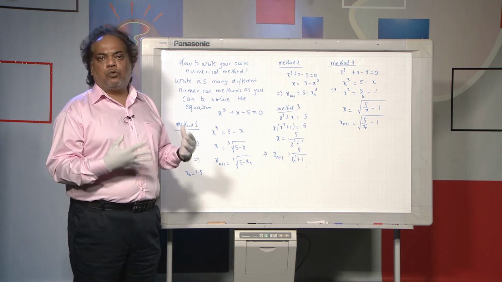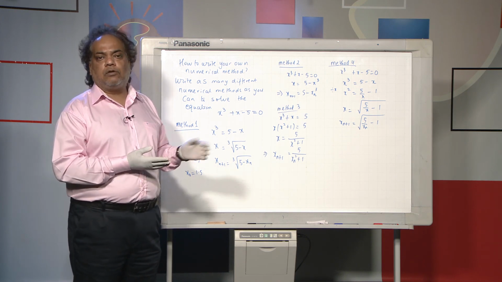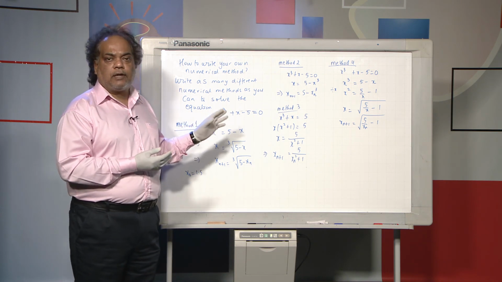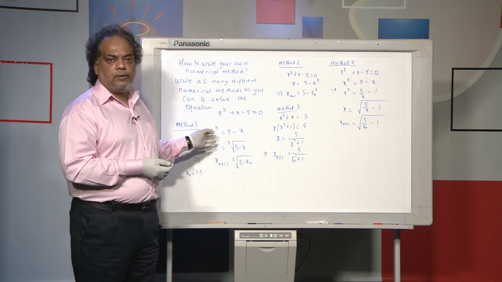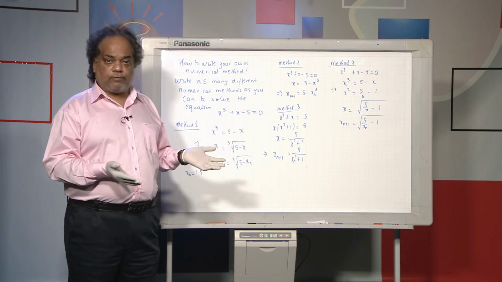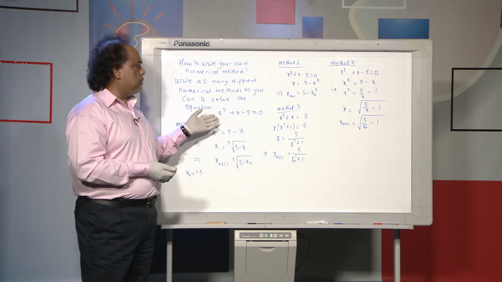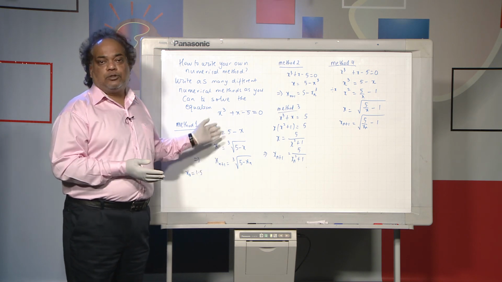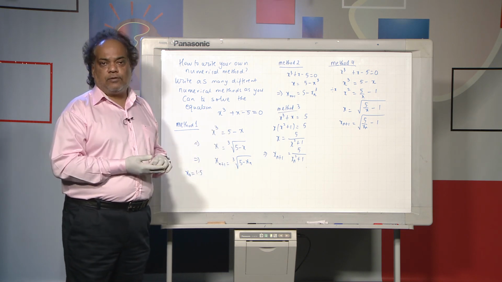In part 2, we applied it to solve a particular problem. In part 3, we have illustrated that further with another example. And finally, we showed to you how you can yourself write your own numerical method for any given equation. However, it's not guaranteed that it will converge.